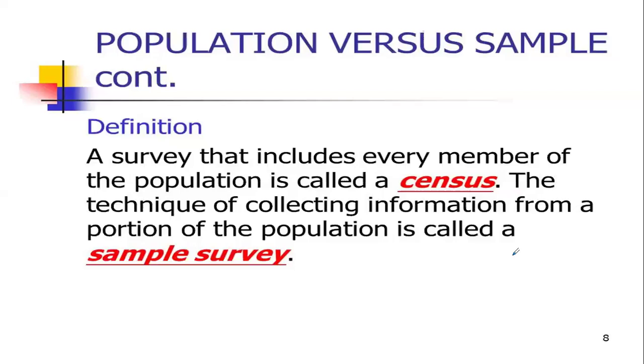This survey can be turned into something big. A survey that includes every member of the population is what we call a census, and we all know what a census is, when we're just counting everyone in the country.